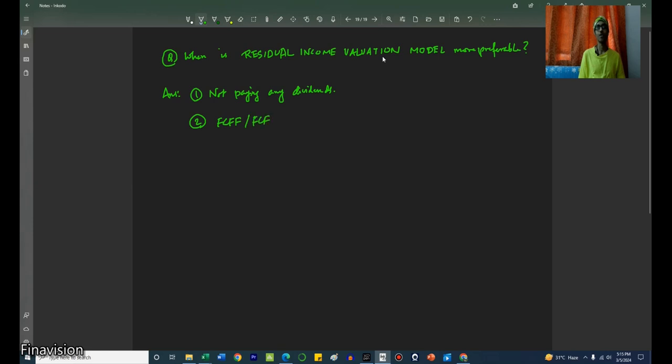FCFF or FCFE, whichever you are using for valuation, is negative. Now in such a scenario, even using the FCFF model becomes invalid. It does not give a proper answer.